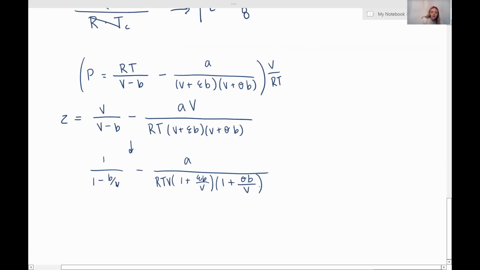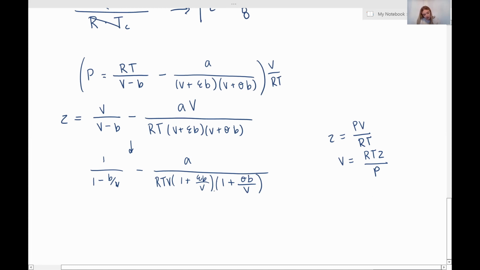Now we can substitute in our compressibility factor. We know Z equals PV over RT. We can rewrite this to say that V equals RTZ over P. So anywhere we see a volume, we can substitute this expression for volume.